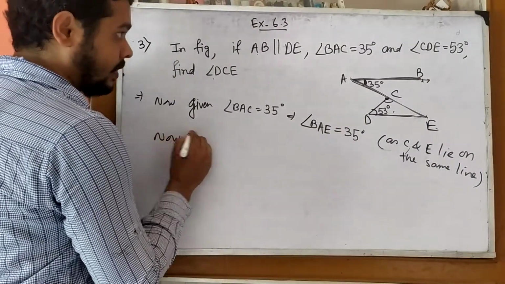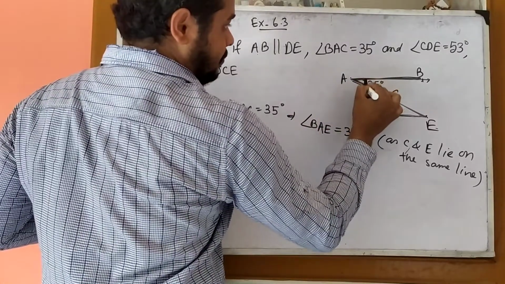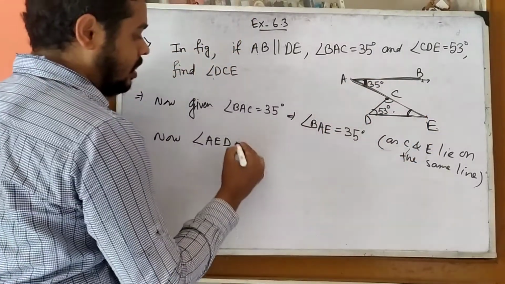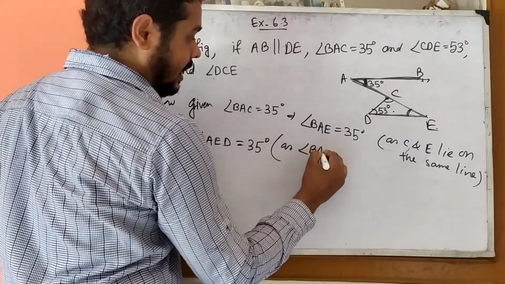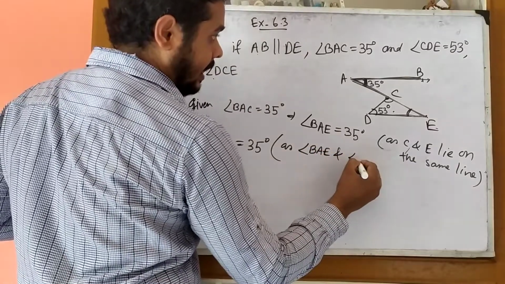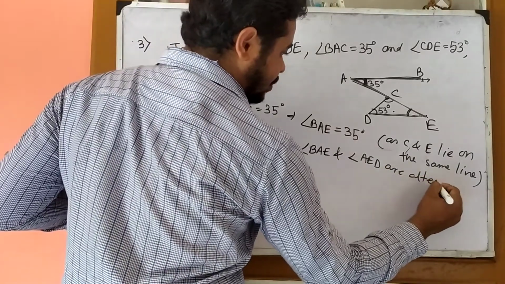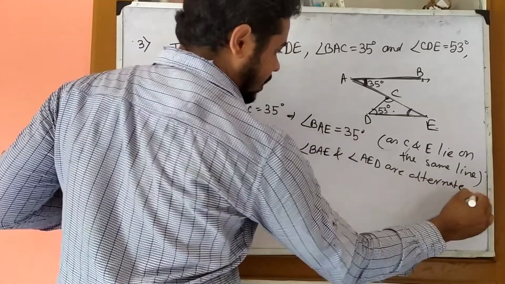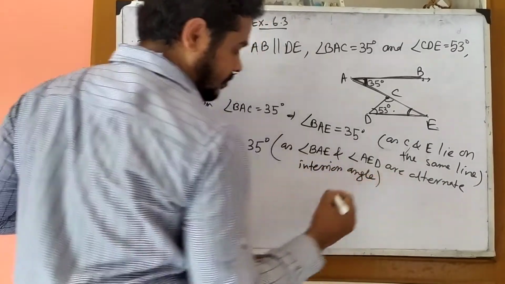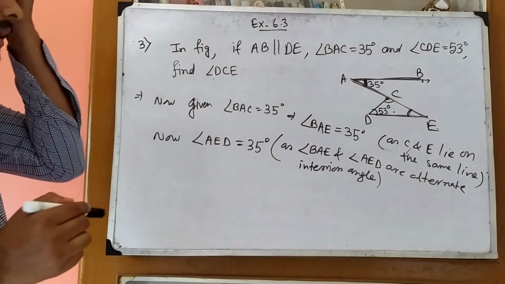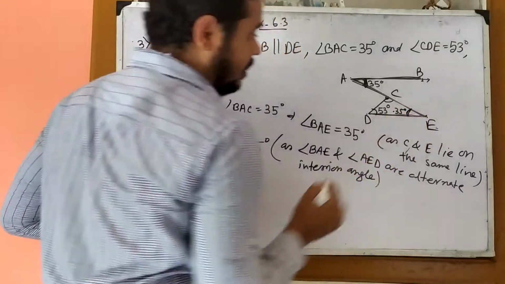Now angle AED, if this portion is 35, this portion is also 35. Why? As angle BAE and angle AED are alternate interior angles. This portion is 35, therefore this portion is also 35.